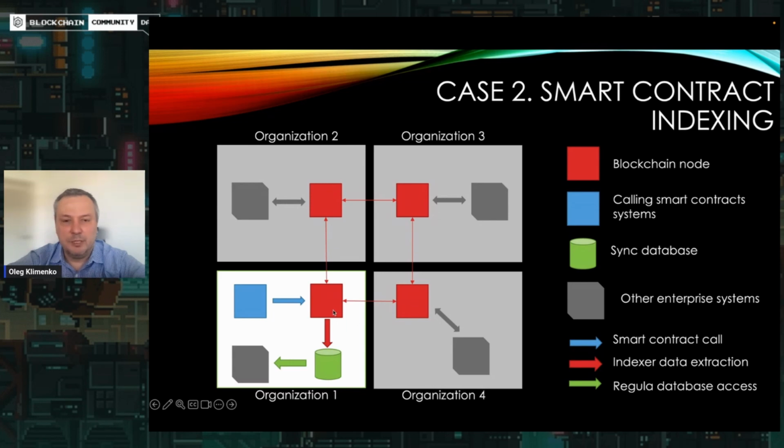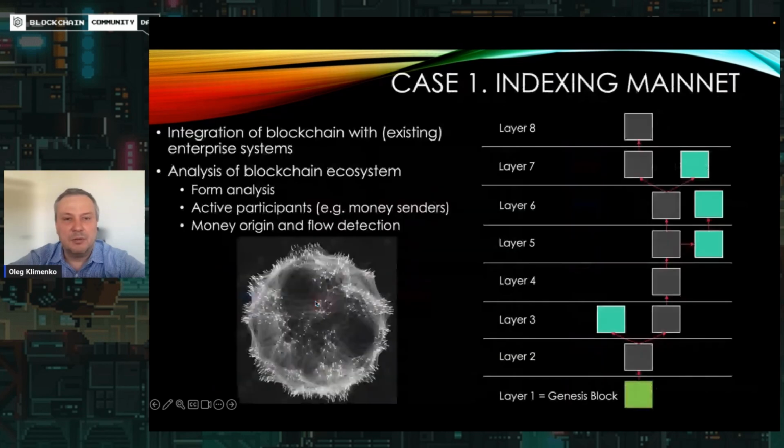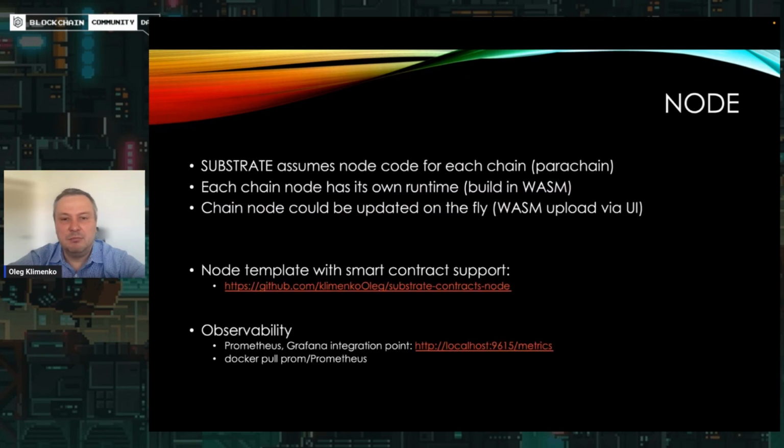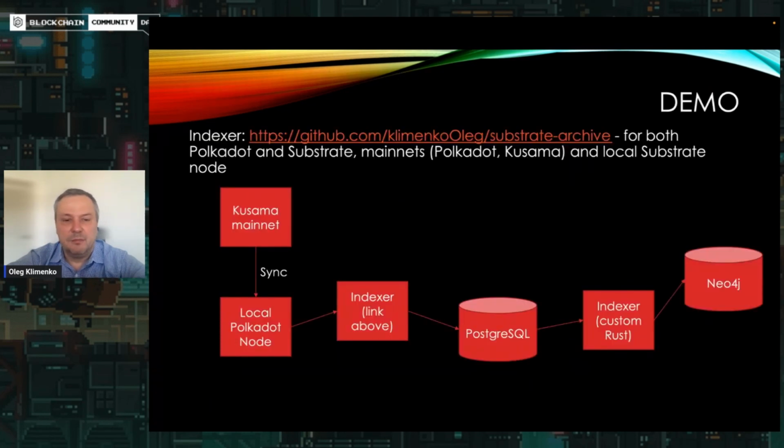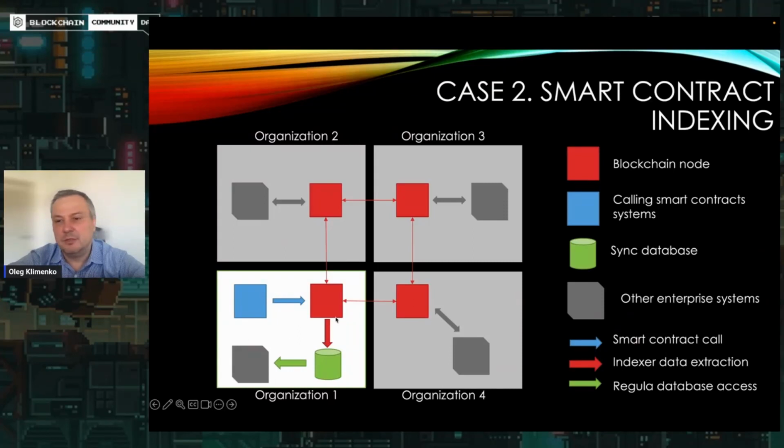But what we need to do, of course, we could, and we are calling smart contracts here. But for our guys working inside other systems, traditional systems, we need to extract this information from the blockchain. That's why this indexer is needed, to extract this information and to do something meaningful for the enterprise.